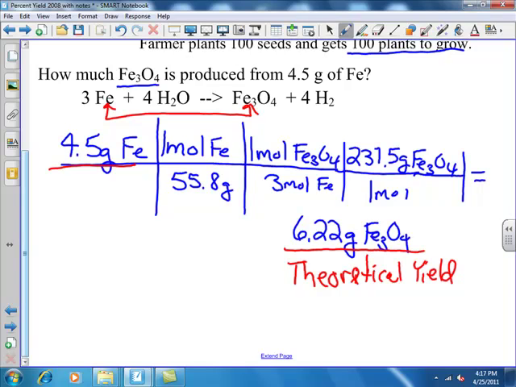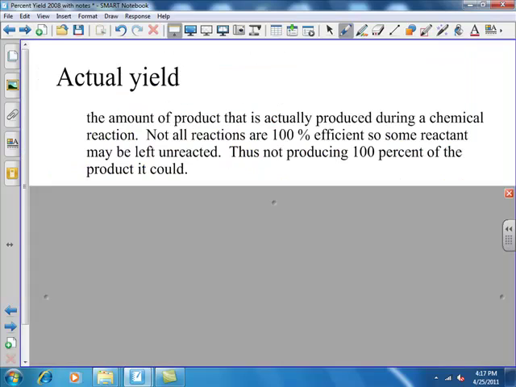Now, the practical never works out perfectly. So what happens is we will always get what's referred to as an actual yield. An actual yield is the amount of product that is actually produced during a chemical reaction. And that's because not all reactions are 100% efficient.